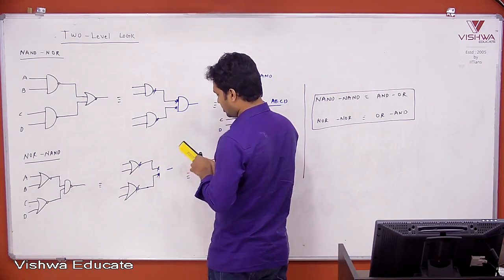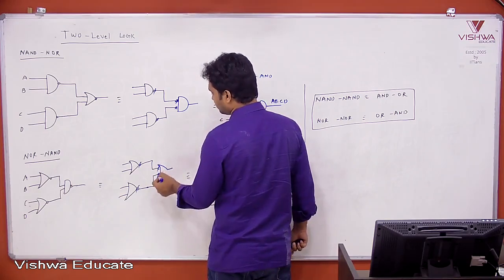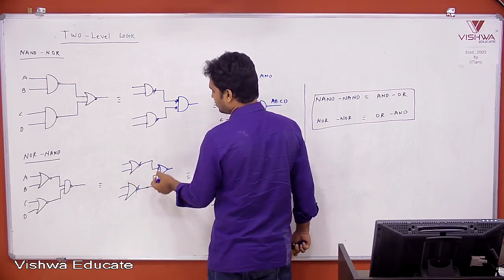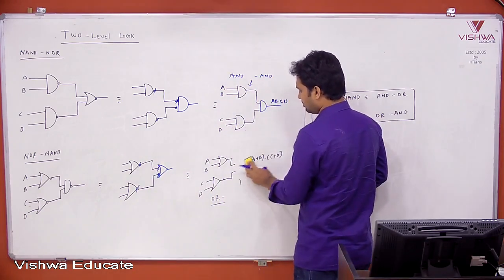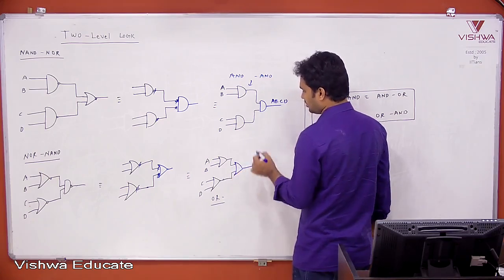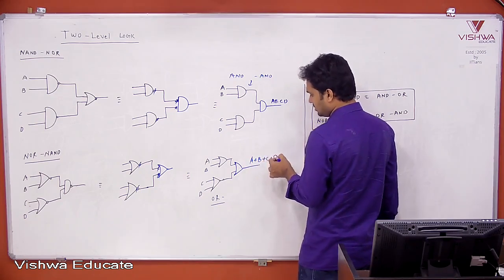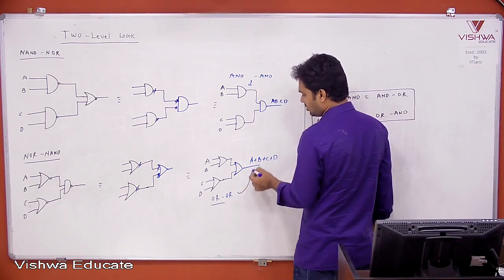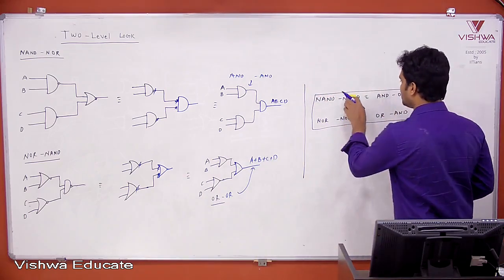What is the NAND alternate logic symbol? Bubbled input OR gate. So the bubbles cancel, and here the gate will be replaced with an OR gate: A plus B plus C plus D. OR followed by OR. So these are the four two-level logics possible.